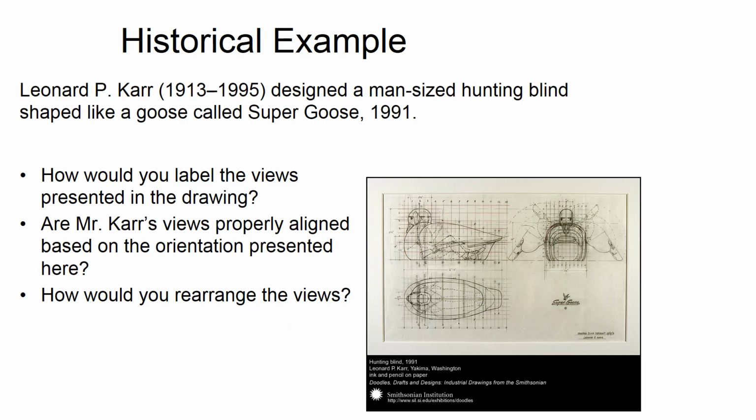Ooh, I skipped that a little quick, but here's an historical example. When we look at this, we have the guy who's sitting inside a duck blind, so the ducks fly down, and then we blow them out of the sky and eat them for dinner. So here's the guy sitting in the duck blind, and you'll notice that he has the views oriented incorrectly, because here's our front view, which gives us the most detail.